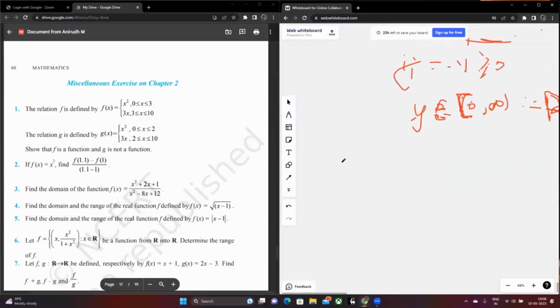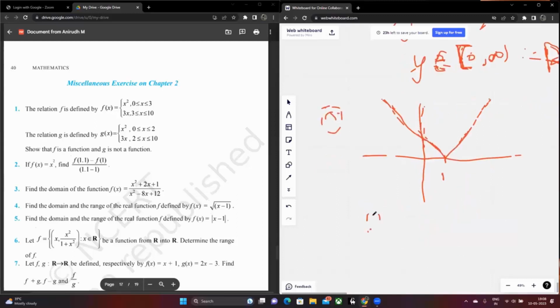And then question number 5, in the same vein as before, f(x) is mod of x minus 1. I'm directly going to graph it out because doing it algebraically is just a waste of time right now. So this is mod of x minus 1. If x is 1, then your whole thing becomes 0. This is your function f.